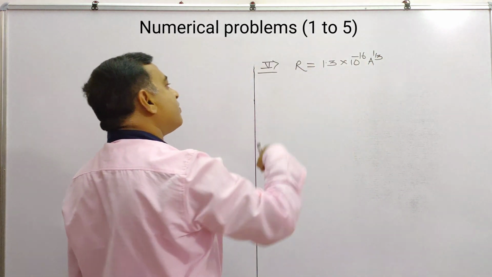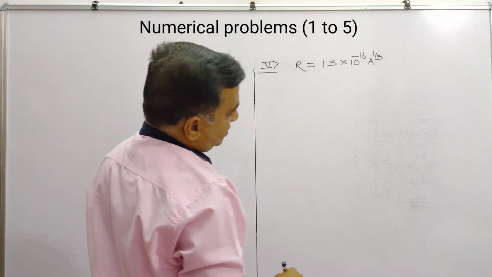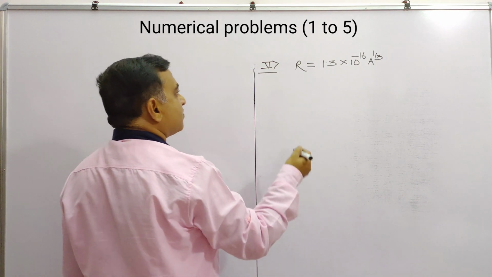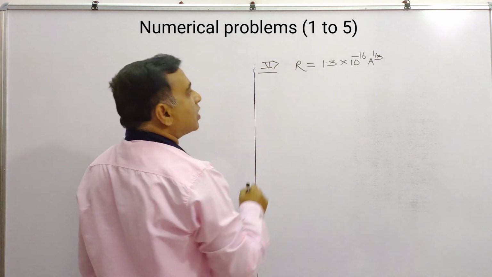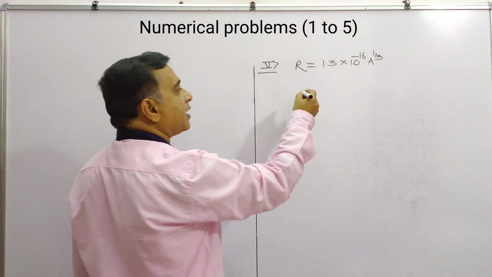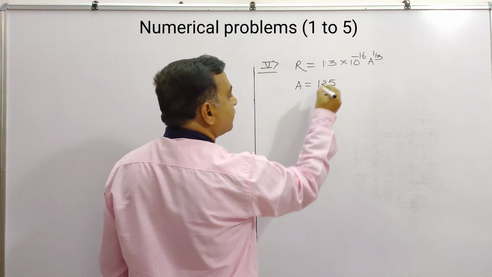Obtain the order of magnitude of R in meter. Let us start with this order of magnitude. R is equal to 1.3 into 10 raised to power minus 16, and A is also given, that is A is equal to 125.